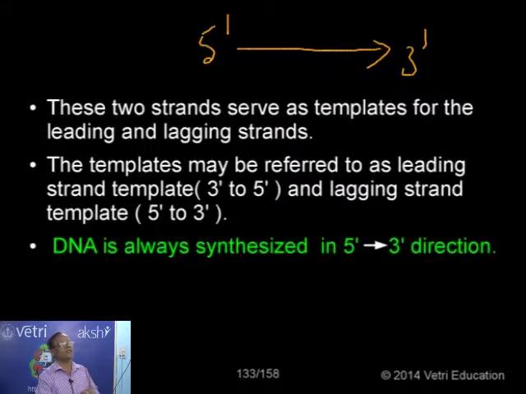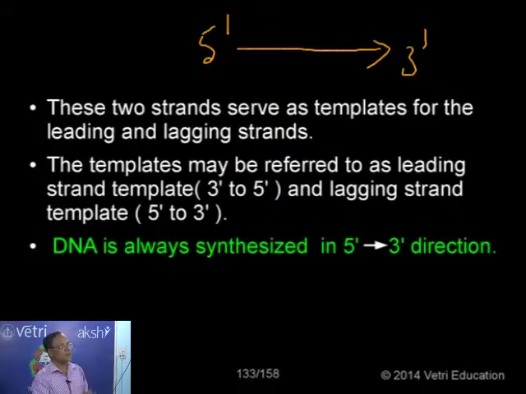Even the synthesis of mRNA during transcription occurs in the 5' to 3' direction. Similarly, the translation process, the formation of protein after transcription has been completed, also occurs only in the 5' to 3' direction. This is a universal phenomenon.